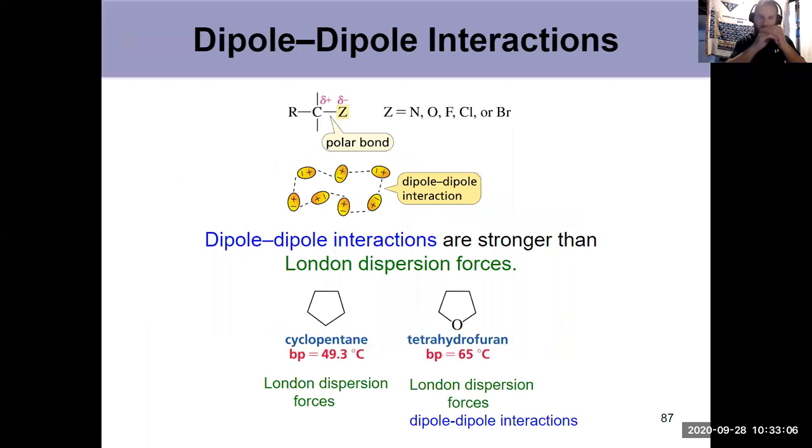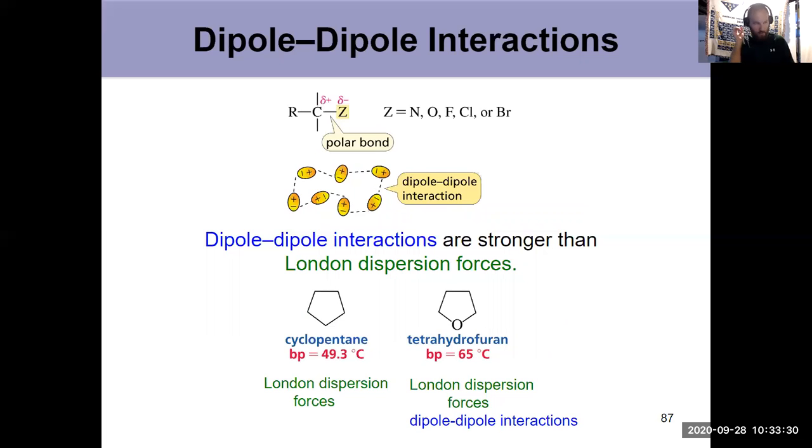So that's London dispersion forces. What about dipole-dipole interactions? We're not going to see those with alkanes where we have just carbon and hydrogen, but if we have nitrogen in our molecule, an amine, or oxygen or a halogen, these things are more electronegative than carbon. So those are going to give us a dipole, and then we're going to have dipole-dipole interactions.